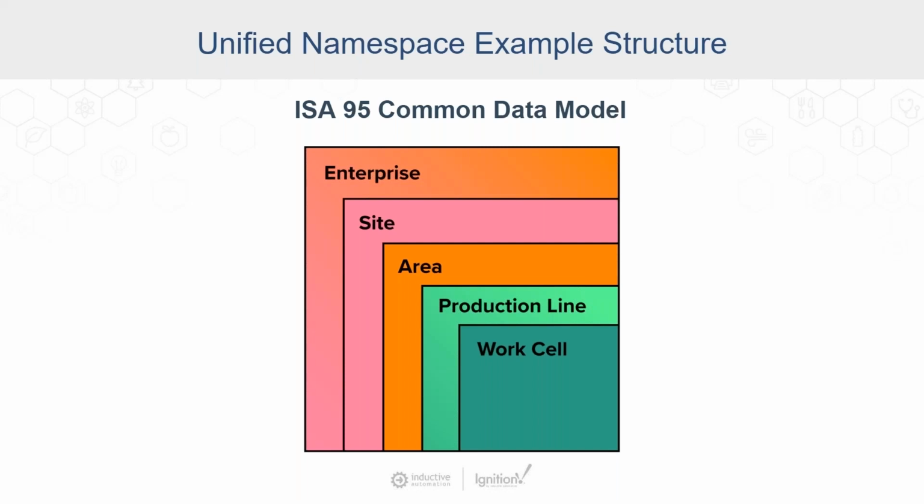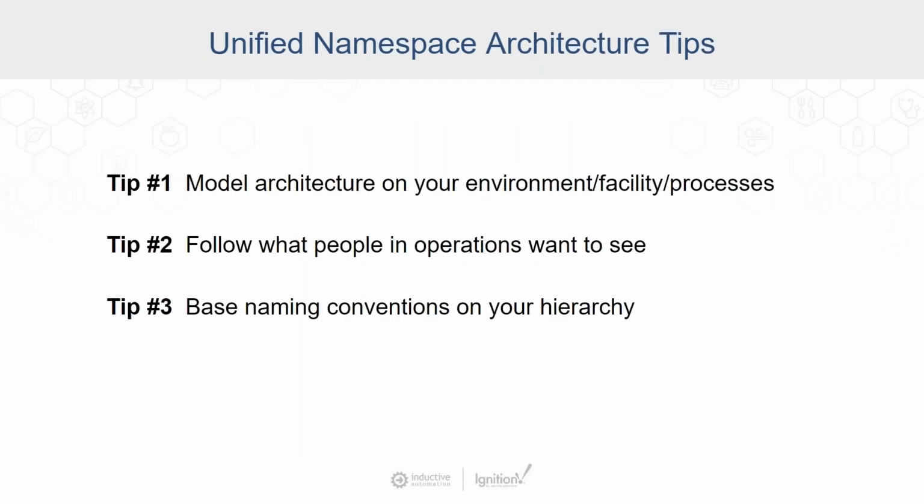So always think about it: if I'm designing a unified namespace, I've got these engineers, they understand Modbus register 40,001, but not everybody in the enterprise does. So how can you architect that for your environment? Follow what the people in operations want to see, because they're the first level of people that have to work on this unified namespace. They're the first level consumer. What do they want to see? How do they want to see it?